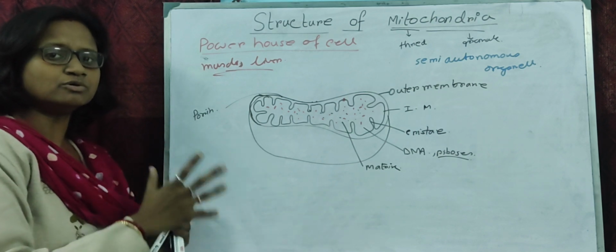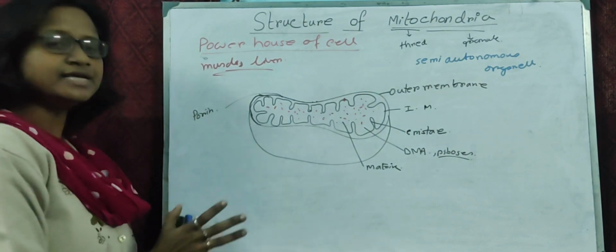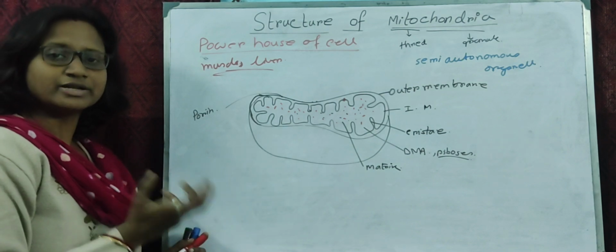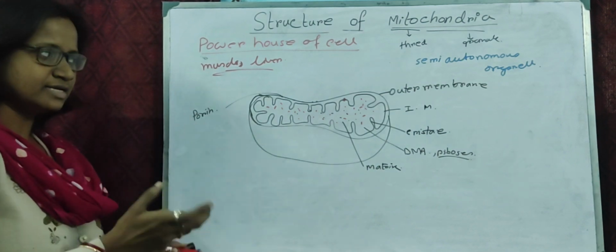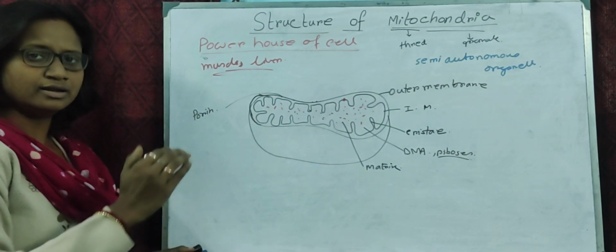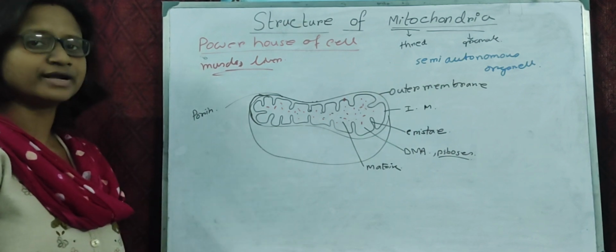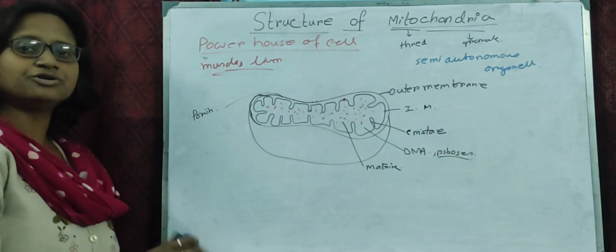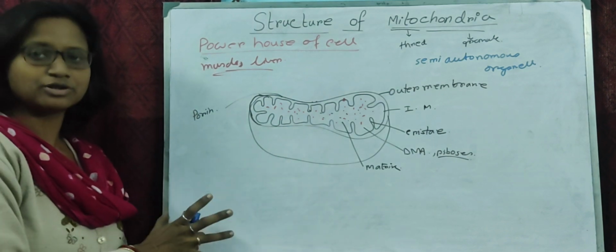In those parts of the body, the number of mitochondria is more. The number of mitochondria varies depending on the rate of activity. Muscles and liver contain more mitochondria.